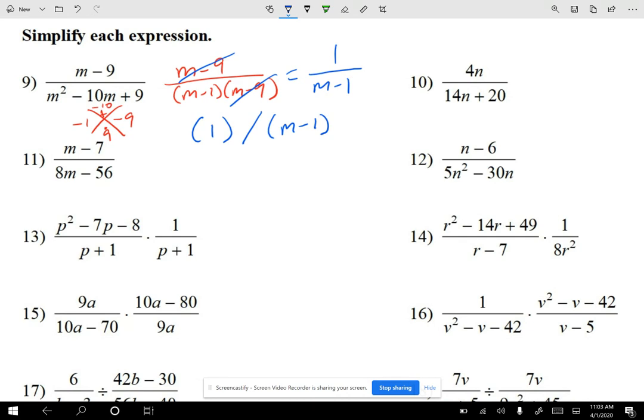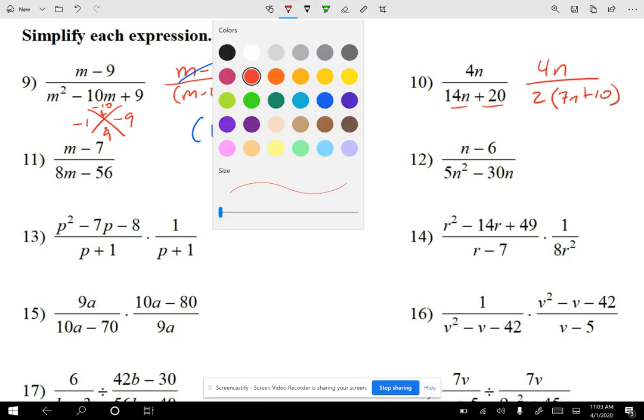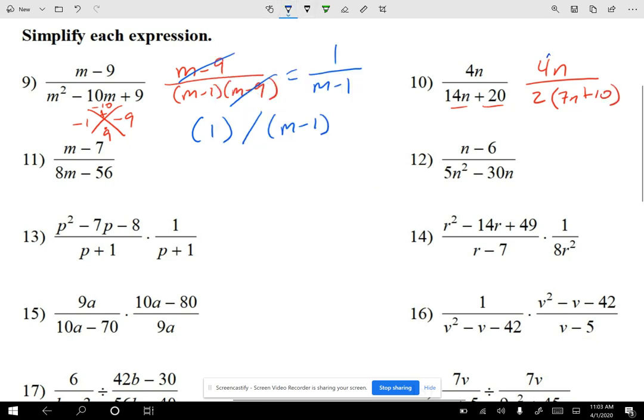Now, looking at question number 10, let me just leave the 4n on the top. Nothing I can do. Now, here there are only two terms. Let me divide each of them by 2. So that gives me 7n plus 10. Now, the factor that I just took out, the 4 over 2, that basically becomes a 2 on the top.